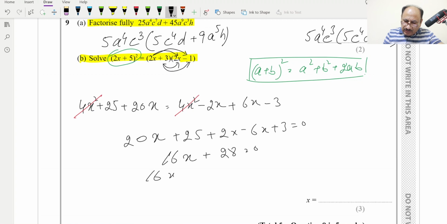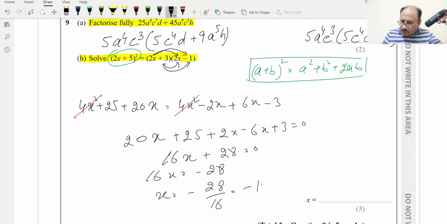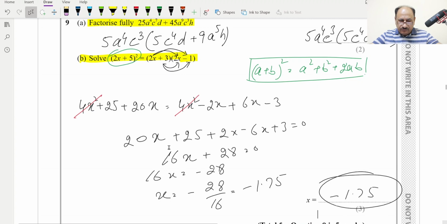So 16x is equal to minus 28, and x is equal to minus 28 over 16, which is equal to minus 7 by 4, or minus 1.75. Minus 1.75 will be our final answer for this question.